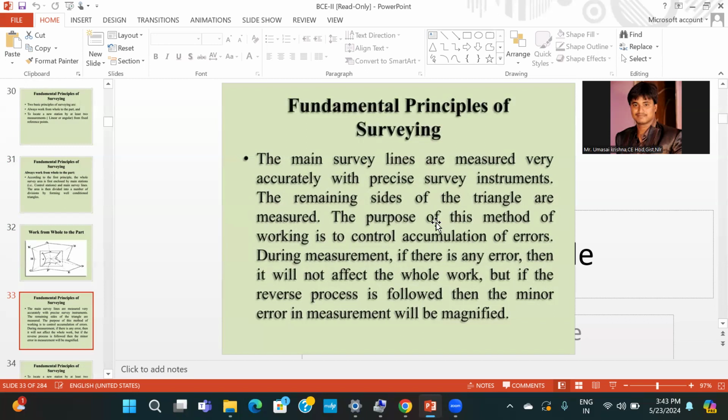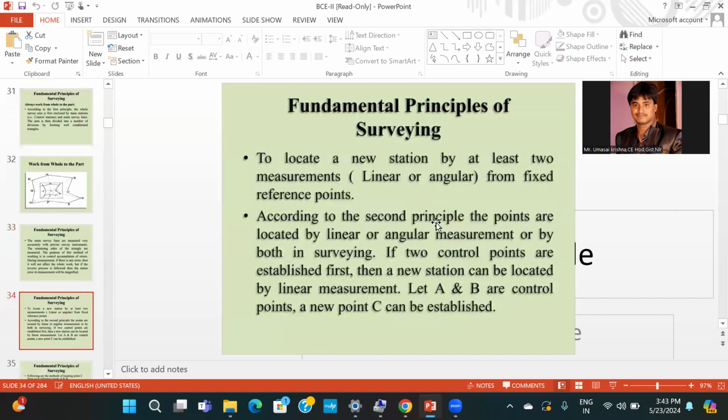But if we work from the small part to the large part, then the error will be accumulated. It will keep adding on and increasing. And the second one is to locate a new station by at least two fixed measurements. So if you want to place a point, it should be placed by considering two reference points. Those should be fixed reference points.